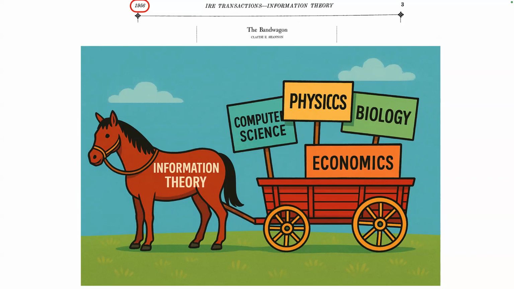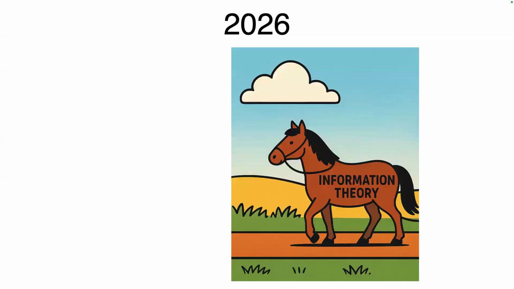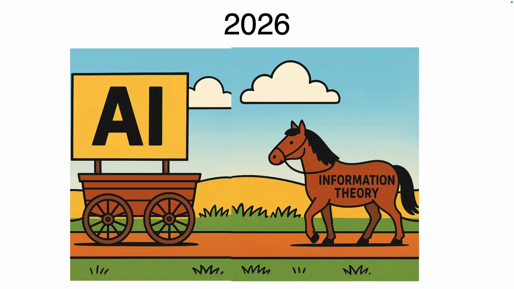So that was 1956, and then fast forward 70 years. Here is information theory, and there's a new game in town. It's AI, which has many applications, and very often it's generative AI, where you generate, let's say, text or images.